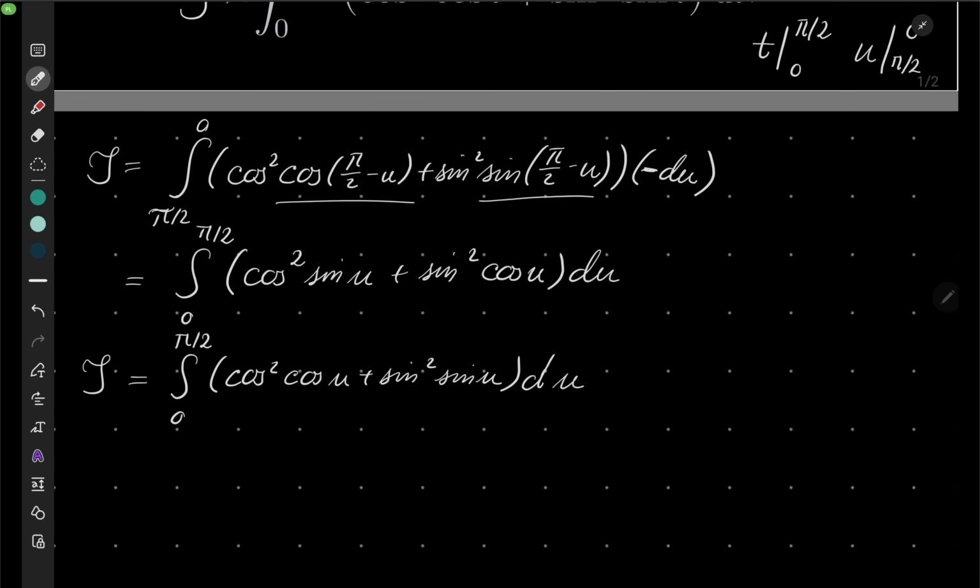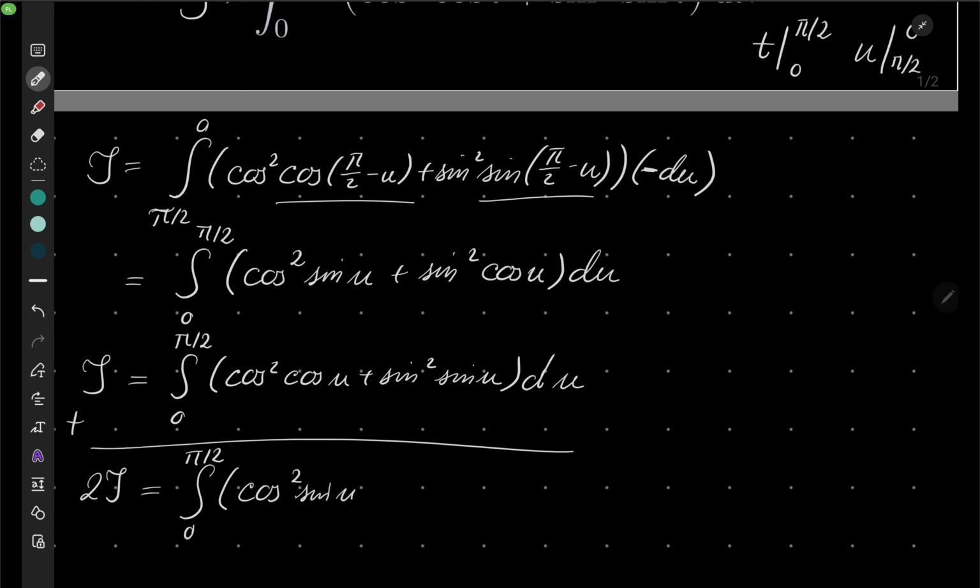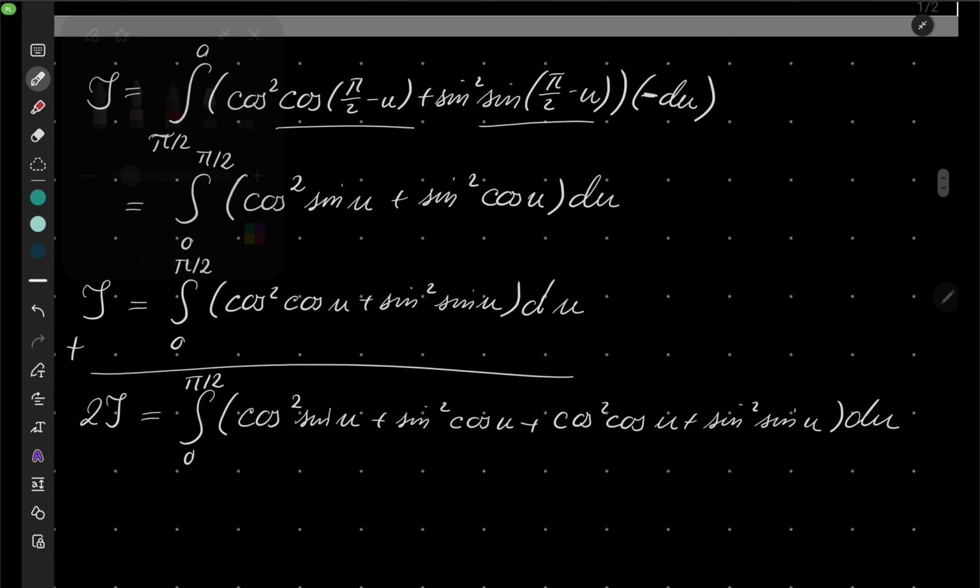And now let's add these two equations together. So we have 2I equals the integral from 0 to pi over 2 of cosine squared of sine u plus sine squared of cosine u plus the lower integral, cosine squared of cosine of u plus sine squared of sine of u du. Very well.